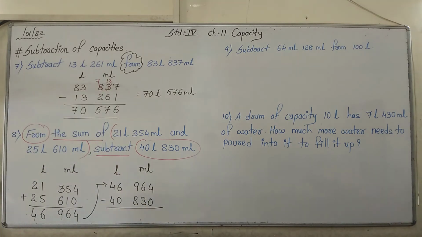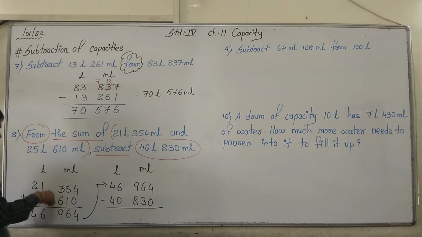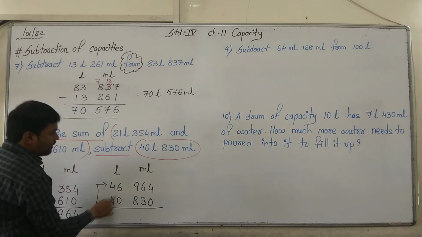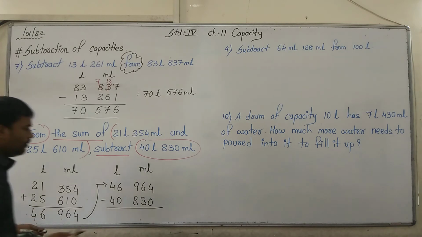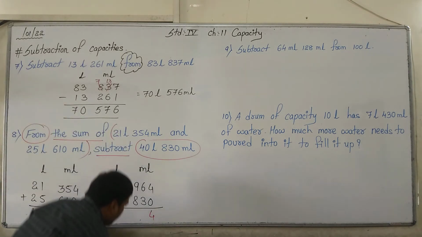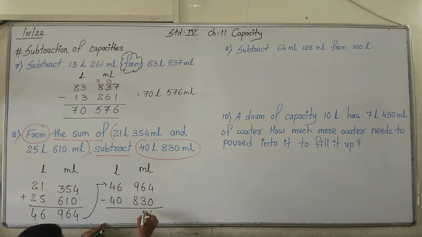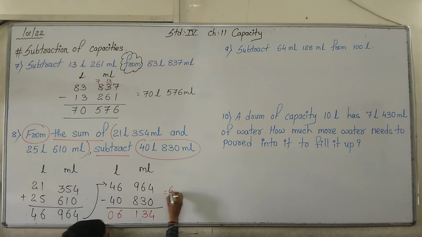Understood that first we do the sum, and from that answer we subtract? So 4 minus 0, 4. 6 minus 3, 3. 9 minus 8, 1. 6 minus 6, 0. 4 minus 4, 0. So the answer will be 6 liter 134 milliliter.